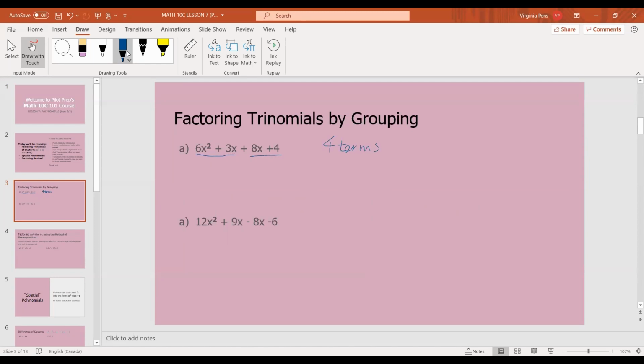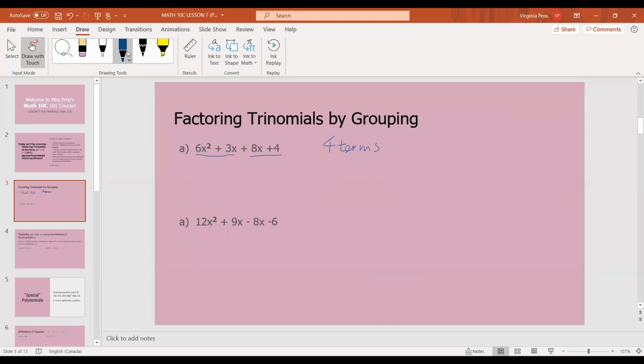So grouping these 2 together will make it easier for us to deal with, not as many terms to work with. So let's take a look at the first group that we've made, 6x squared plus 3x. What we want to do is try to find a common factor in both of these terms and take it out. So in this case, 6x squared plus 3x, you can factor it by inspection.